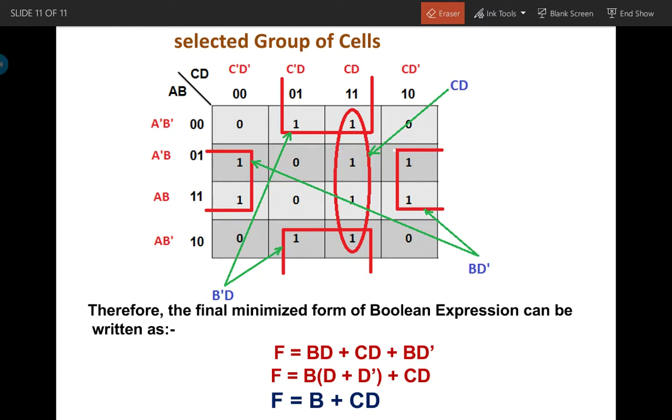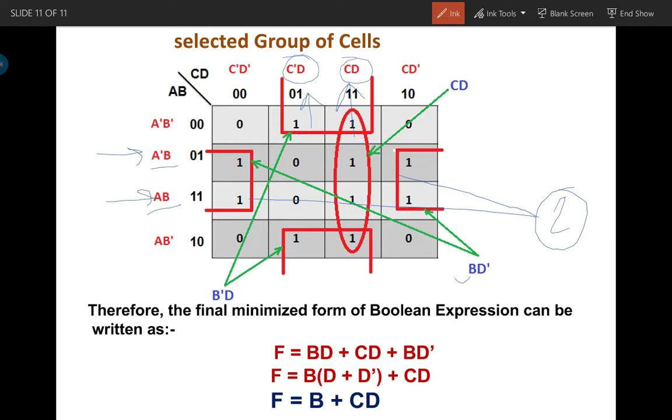Okay. Now the product term for the second group. This is your second group. Look at the horizontal side. It covers the second and third row. The second row represents A bar B and the third row represents AB. So the common is B. So write here B. Similarly, for this group on the vertical side, it covers 2 columns, second and third. The second column represents C bar D and the third represents CD.